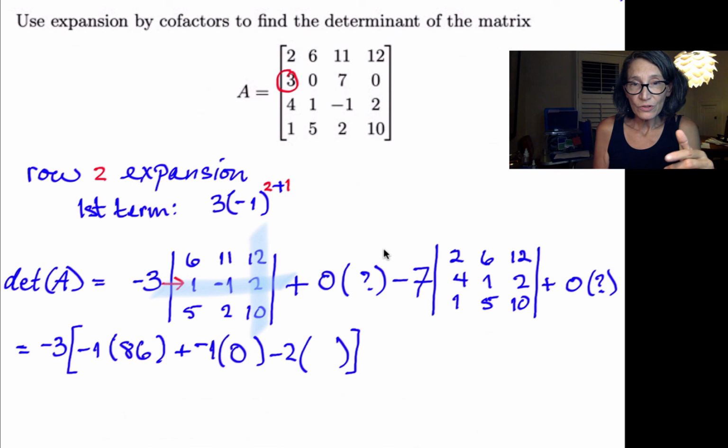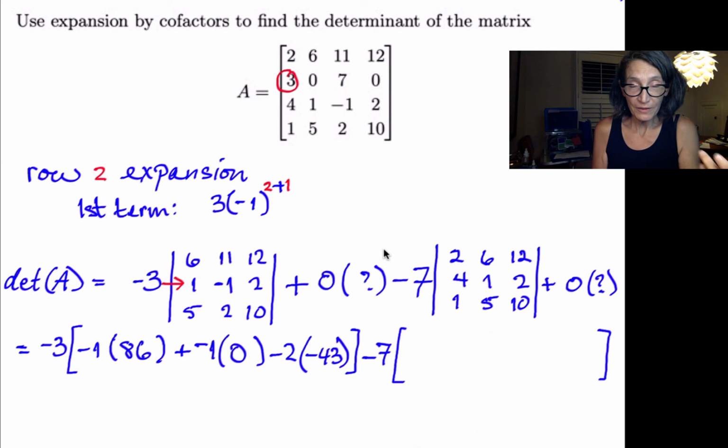So 12 minus 55 is negative 43. All right, so that's the first term in our cofactor expansion. And then we have a 0, minus 7 times another determinant of another 3 by 3.